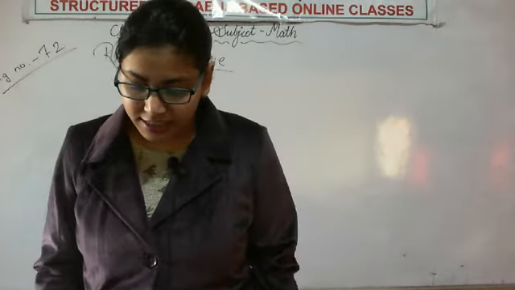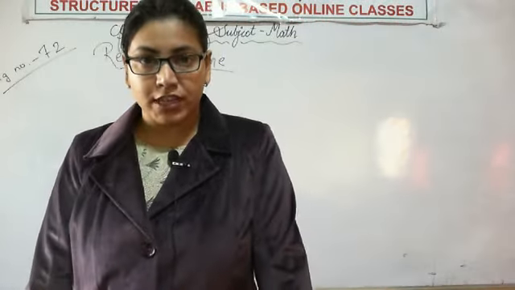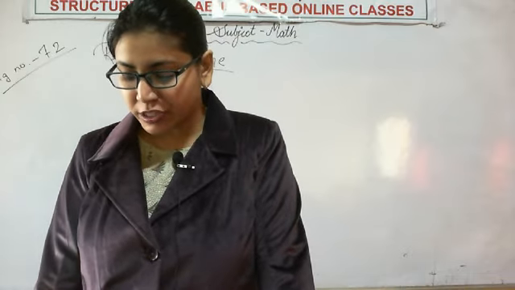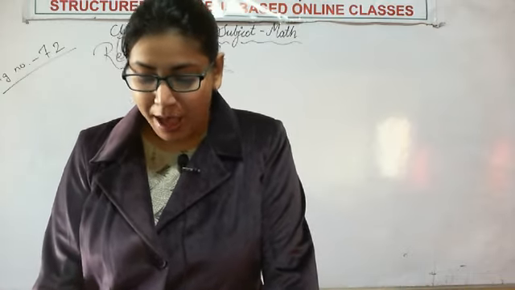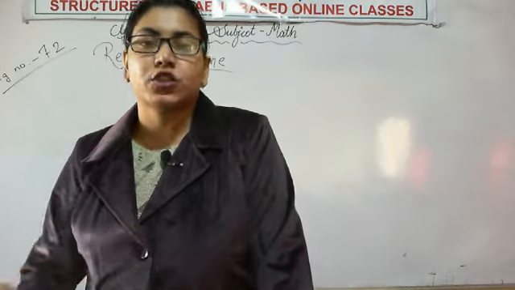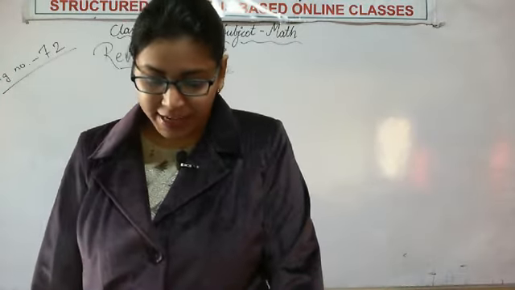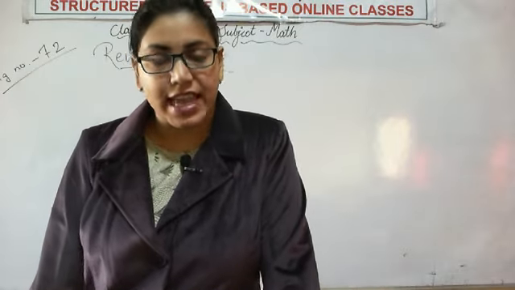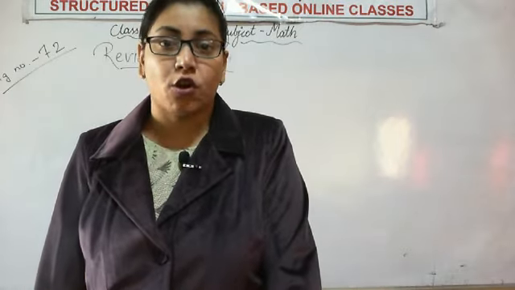Now, question C. Rohan has 21 chocolates and he wants to distribute them among his 7 friends. Each friend will get dash chocolates. Option A 3, option B 7, option C 5 and option D 0.